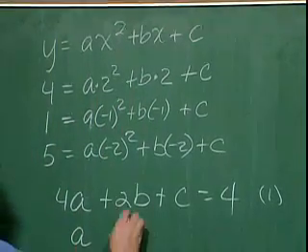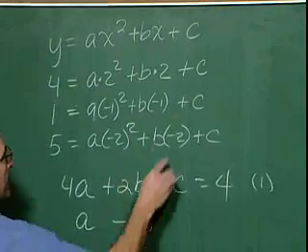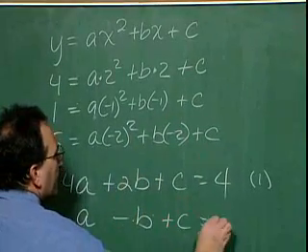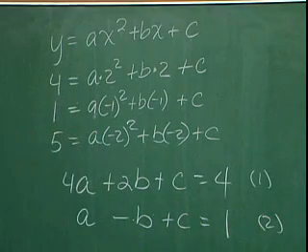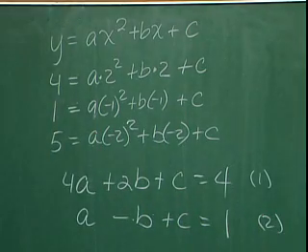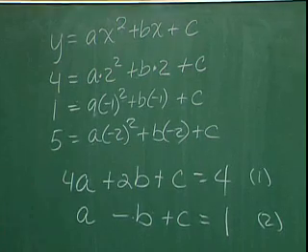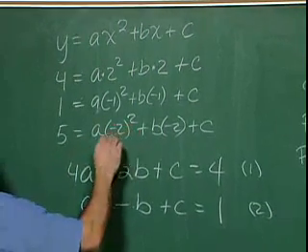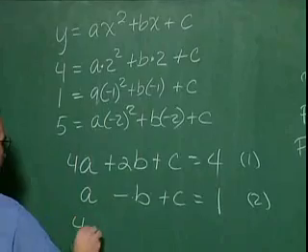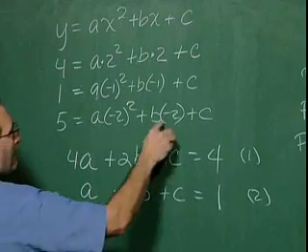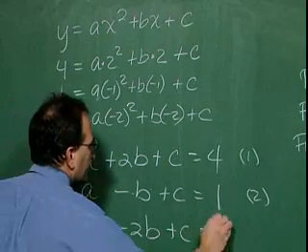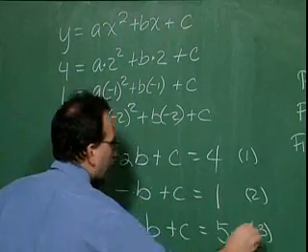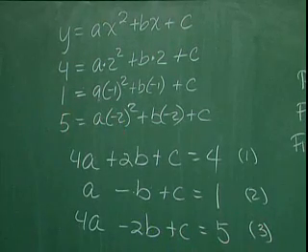So we have a, and then minus b plus c is equal to 1. And that will be referred to as equation 2. For the third point, we simplify this. We're going to get 4a minus 2b plus c is equal to 5. And that's equation number 3.